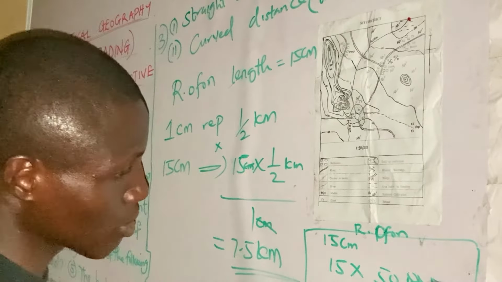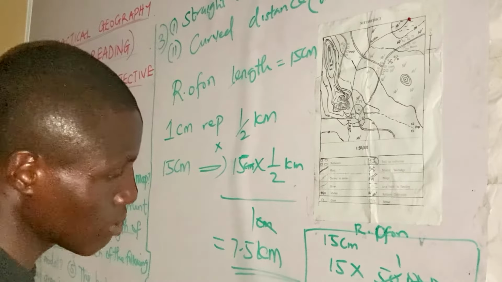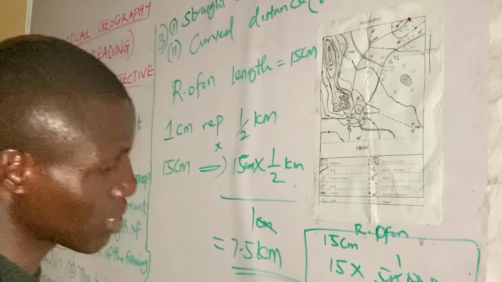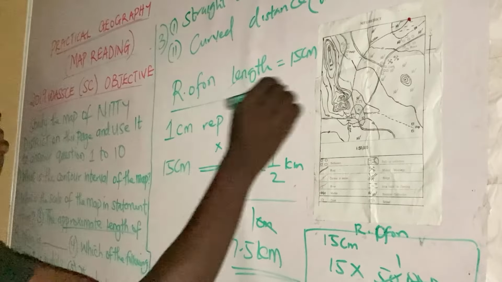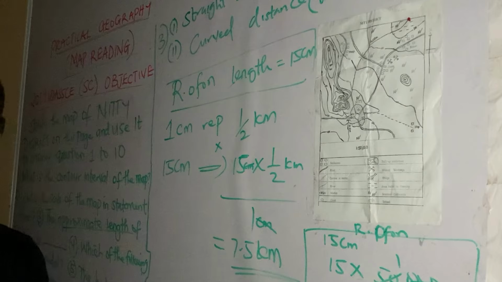So this one cancels out, 50 here, 50 here. So it's still the same, 7.5 kilometers. Whichever you use, you are still going to arrive at the same answer. So the length of our river is 15 centimeters.